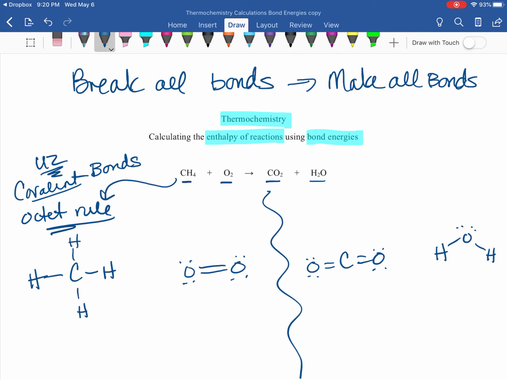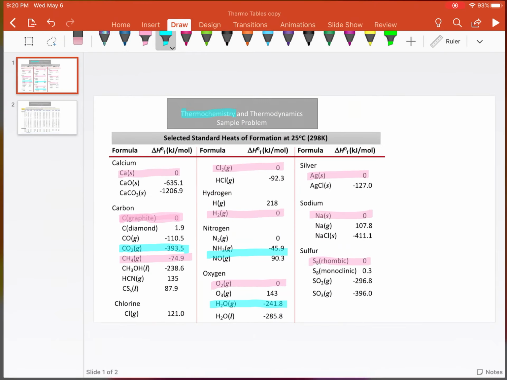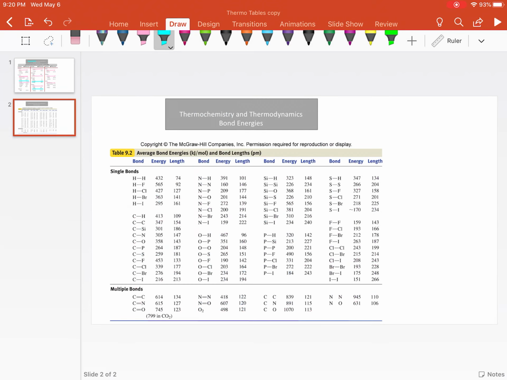Okay, now we're going to notice that our math is going to be a little bit different when we're using a bond energies table, because our bond energies table, let's switch to that. Let's find it. Our bond energies table, look at my numbers. There's no negative.